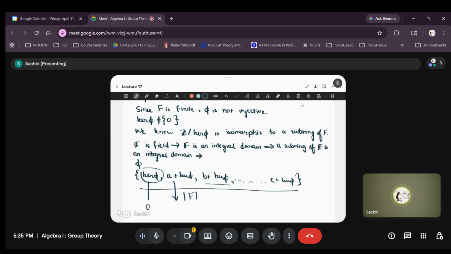All the elements in A plus kernel phi will go to some element alpha A. All the elements in B plus kernel phi will go to some element alpha B, etc. These are field elements. So for every field element, there is a set of elements that will be mapped onto that element, and that set of elements will simply be one of the cosets of the kernel.